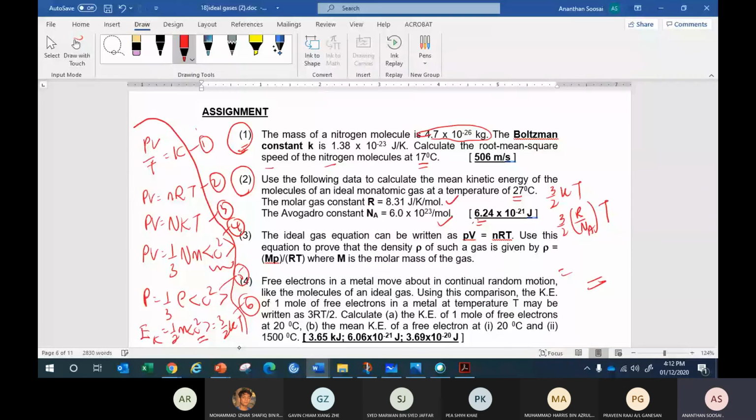Okay, so all of you got 6.24 times 10 to the power negative 21, sorry. No problem. Guys, any problem? Number 2. Hope you write the answers because for these questions we don't have answers. You don't know the working, so you have to get the working.